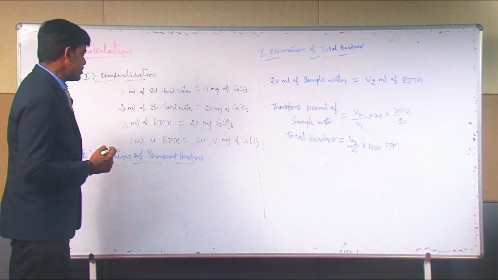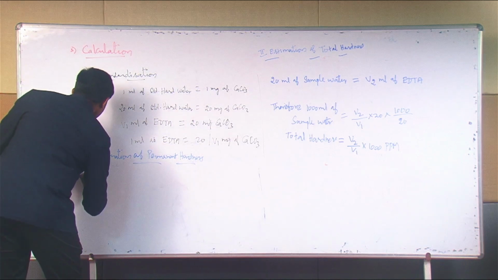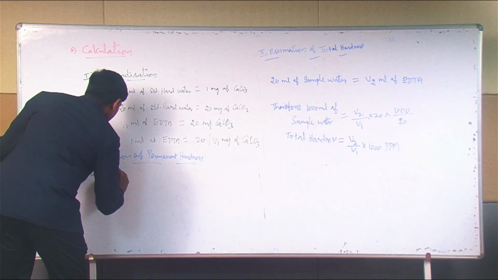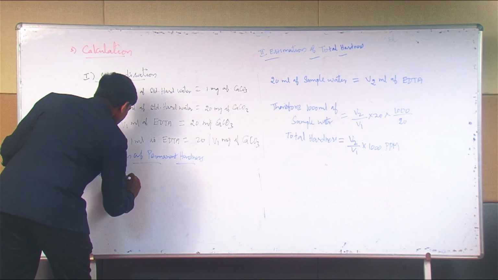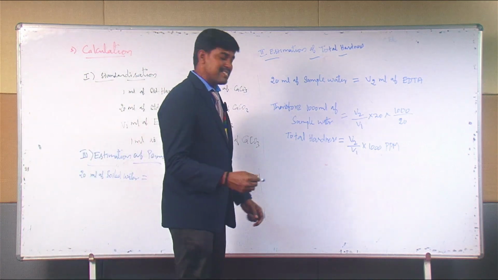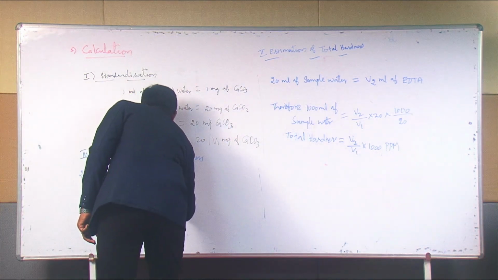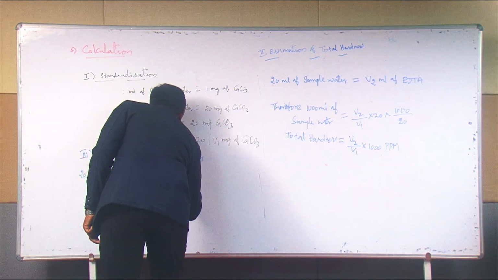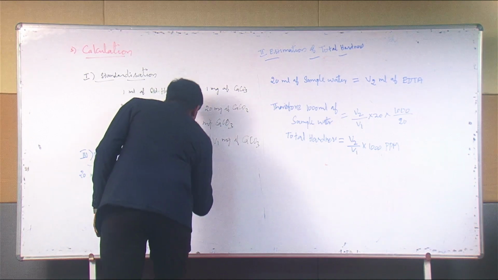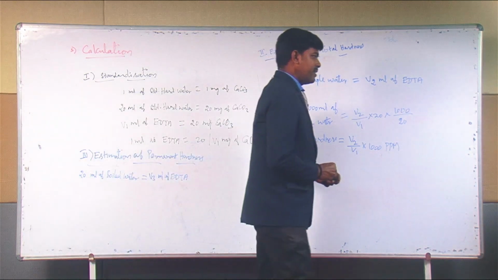So, boiled water is utilized. The 20 ml of boiled water requires V3 ml of EDTA.